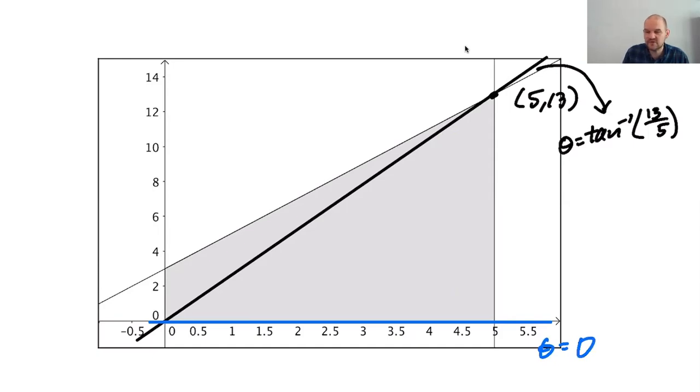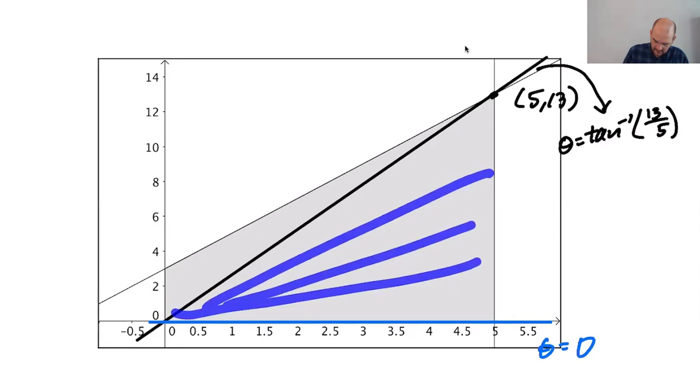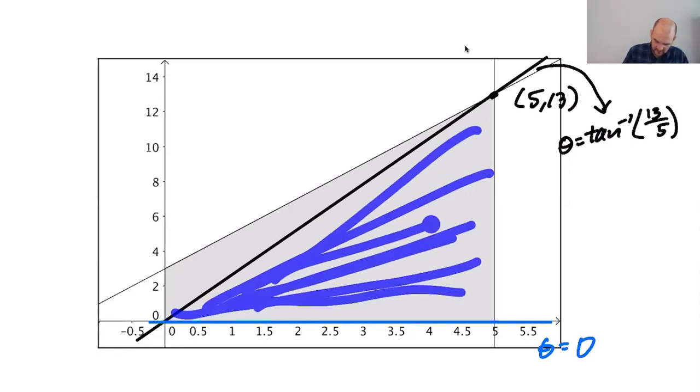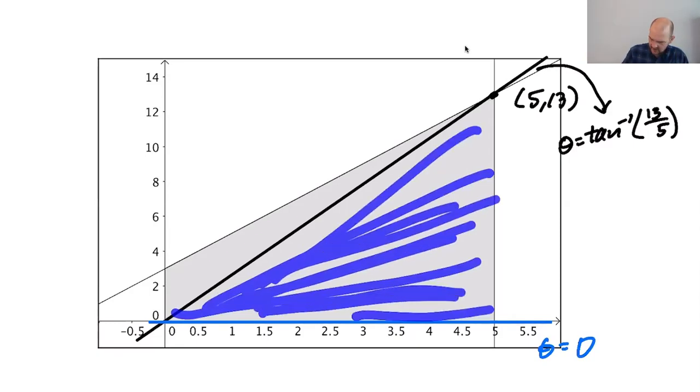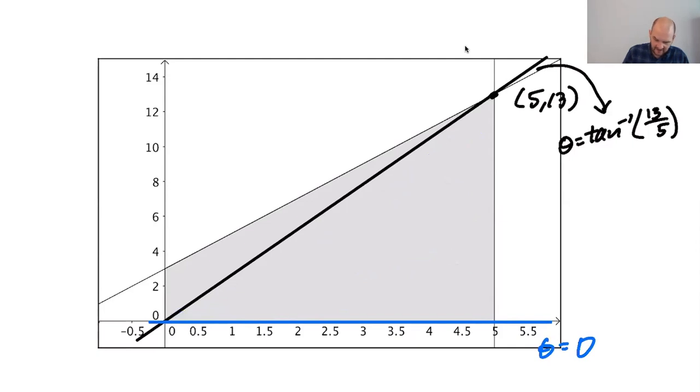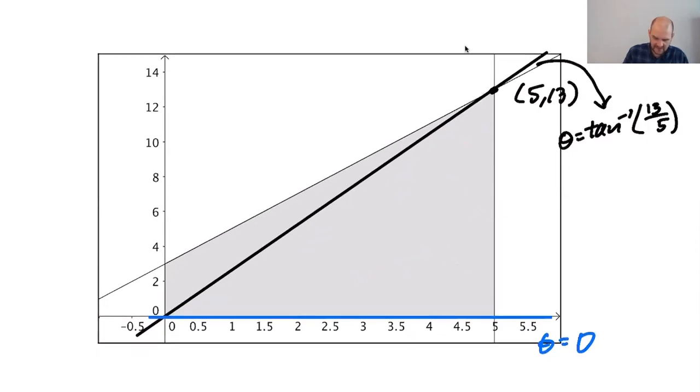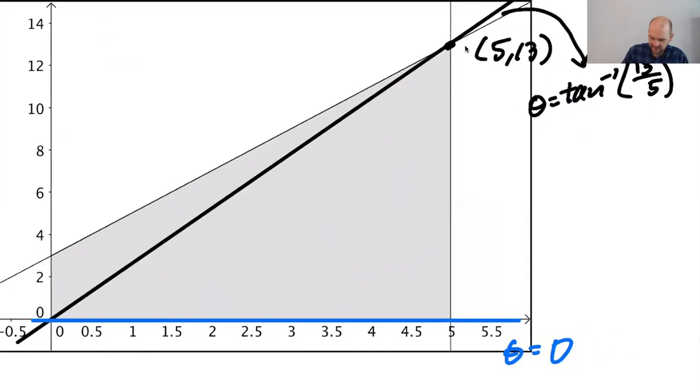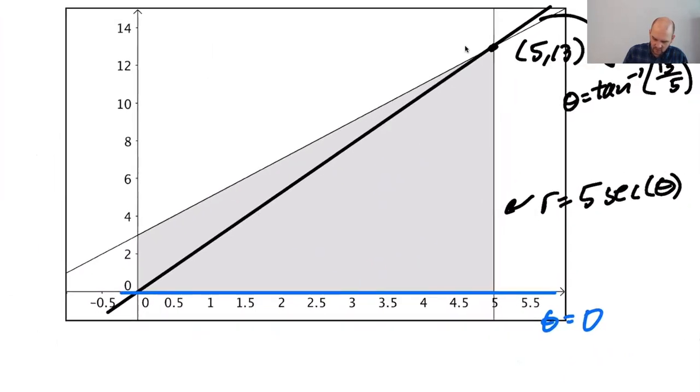From 0 to inverse tangent of 13/5, the curve that our laser beam is hitting, and I'm actually using a laser pointer type tool, so it actually is kind of a laser beam, is going to be x equals 5. But x equals 5 means that r cosine theta equals 5, so this is actually r equals 5 secant theta. Okay, so that's region 1, and maybe I'll label that region 1.